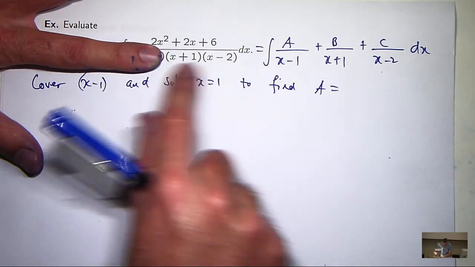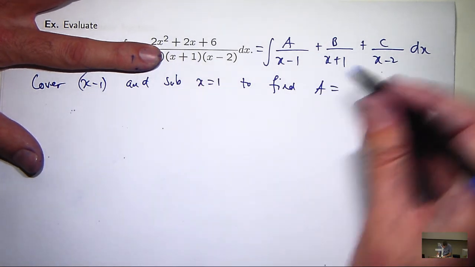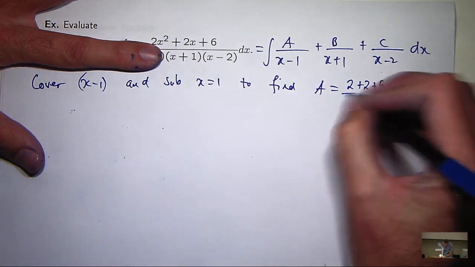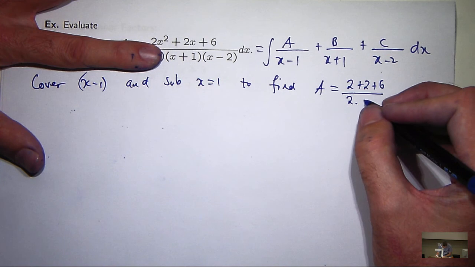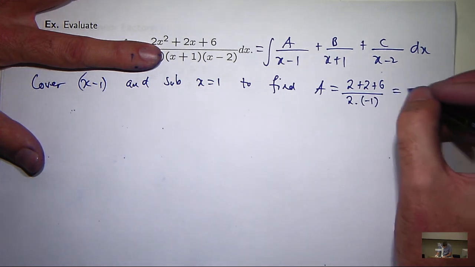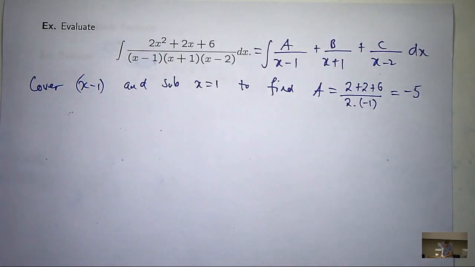So let's go over to the next one. Let's calculate b. We cover x plus 1 and sub x equals minus 1. So I cover up that middle one and substitute in x equals minus 1. So I'm going to get 2 minus 2 plus 6 on the top, and minus 2 times minus 3 on the bottom.